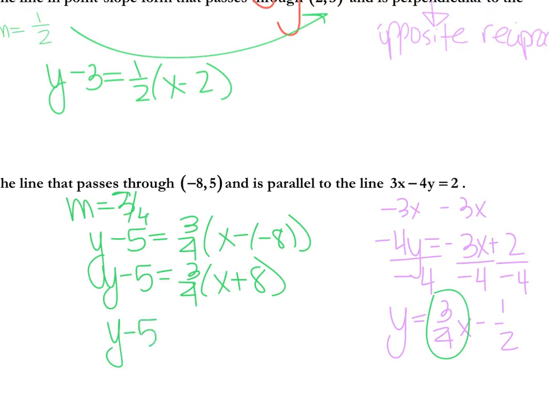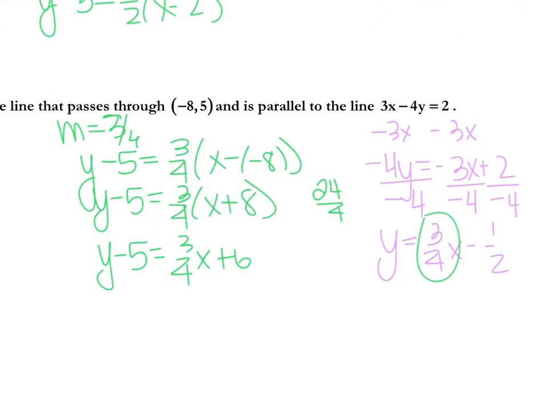And then y minus 5 equals 3/4 x plus 24 over 4, which is 6. And then finally, solve for y, so y equals 3/4 x plus 11. Okay. So same exact steps as the previous problem, but this time the lines were parallel, so we use the same slope.